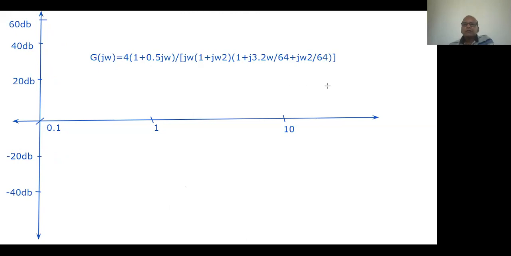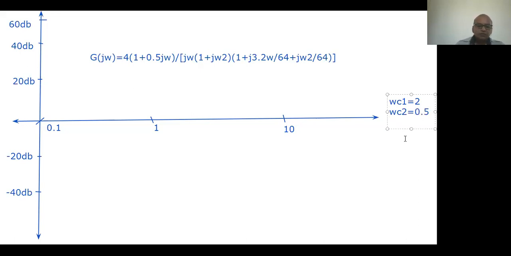Corner frequencies. Here are the corner frequencies. Corner frequency 1 equals 2. Then the second corner frequency omega C2 equals 0.5.